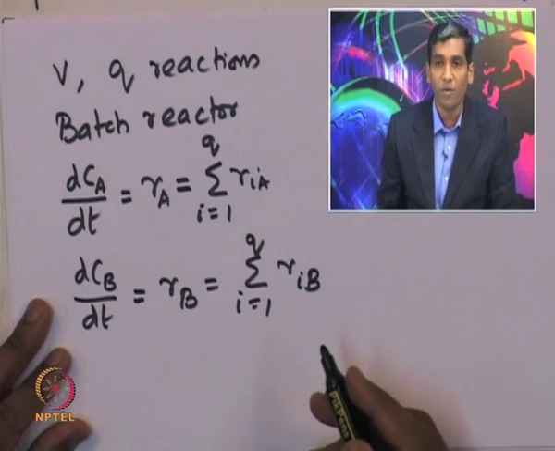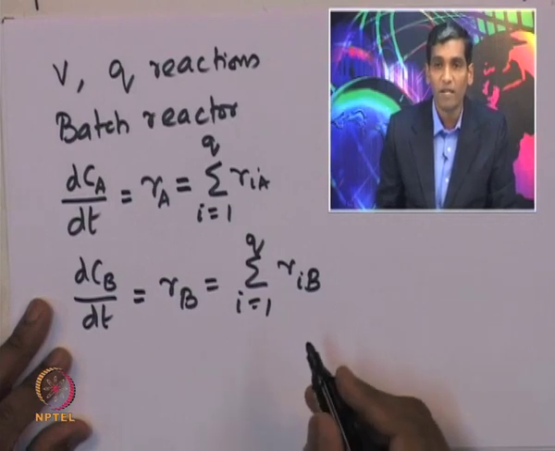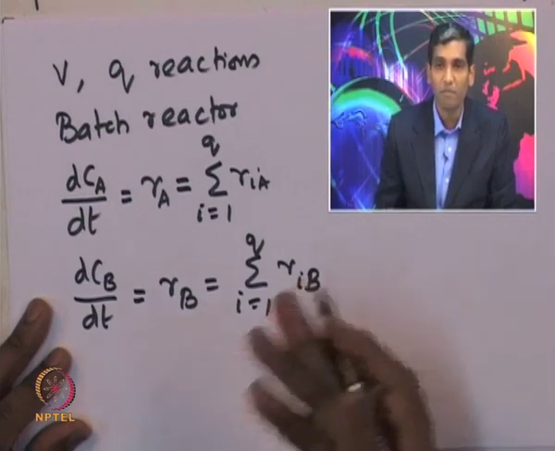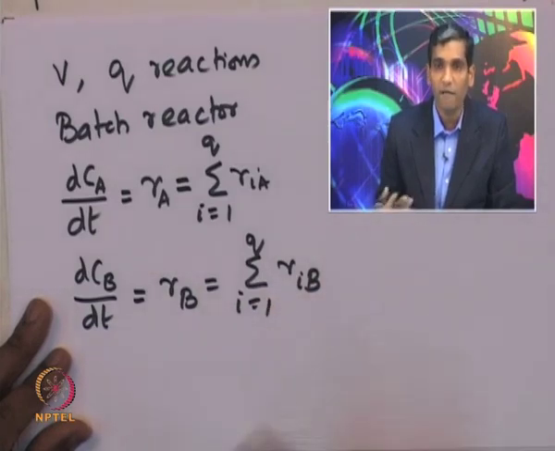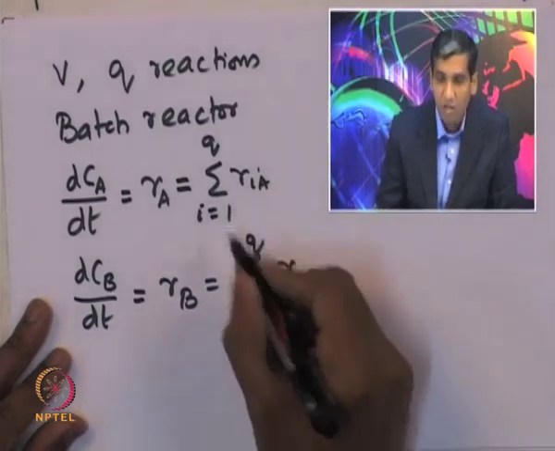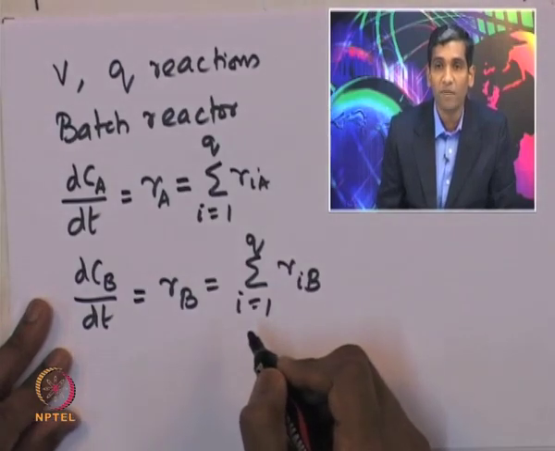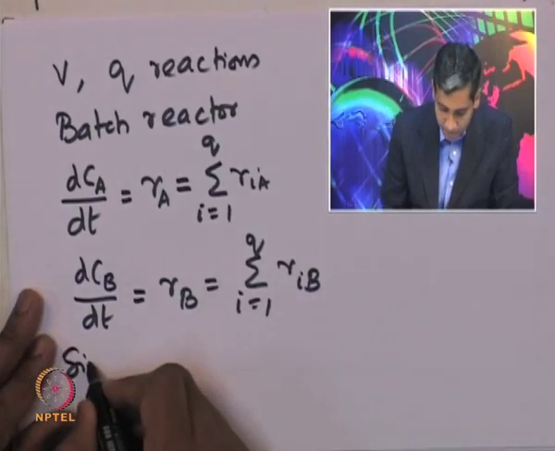In order to find the concentrations of species A and B in this reactor following the segregation model, these two batch reactor rate expressions have to be solved simultaneously.